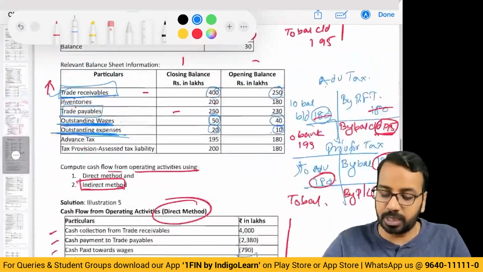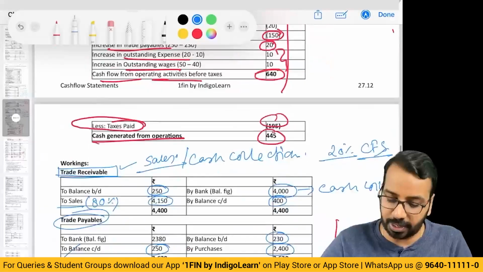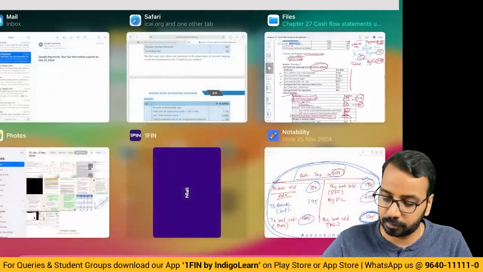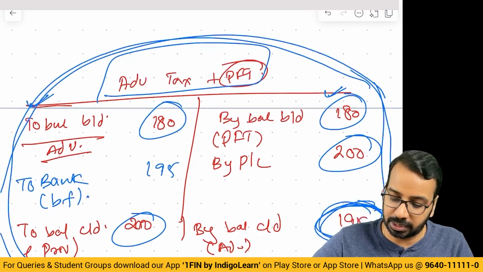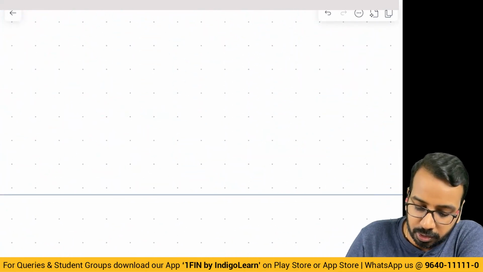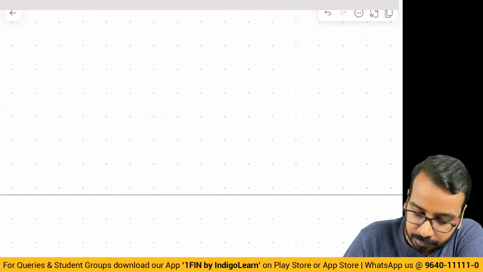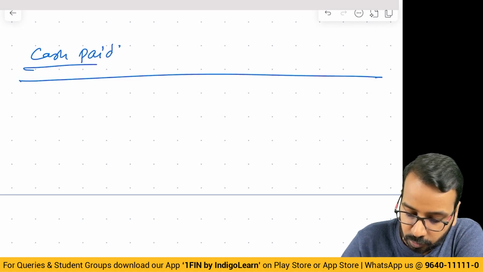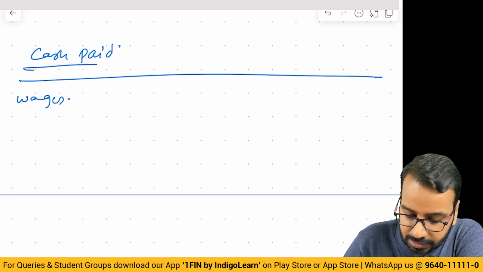If you don't want to do it in the ledger format, what you can do is derive the cash paid. How do we derive it? You have, let us say, trade payables, wages, other expenses.